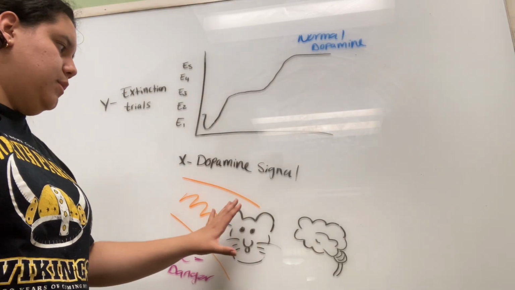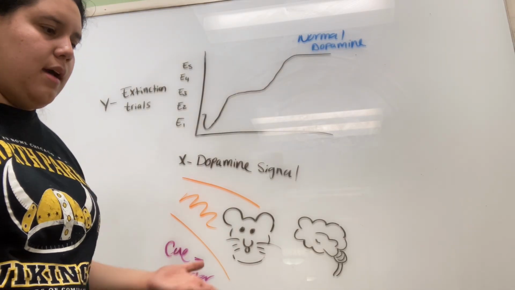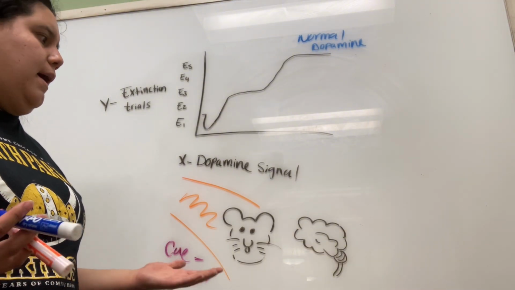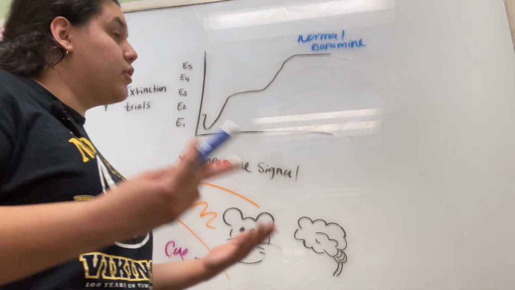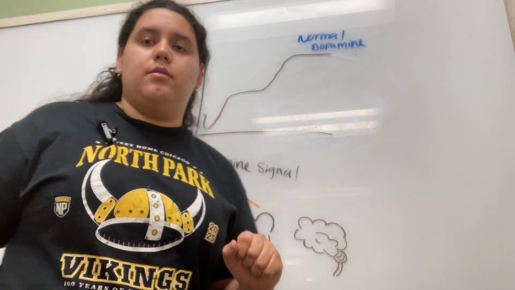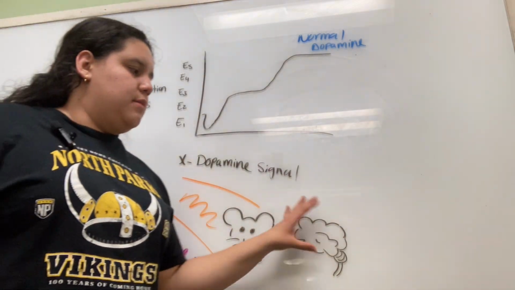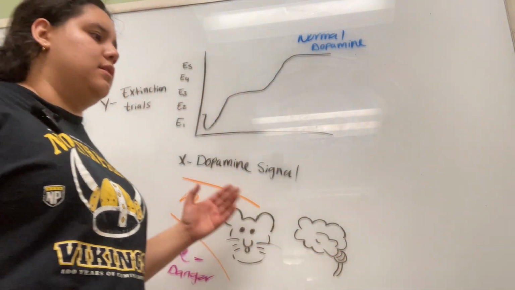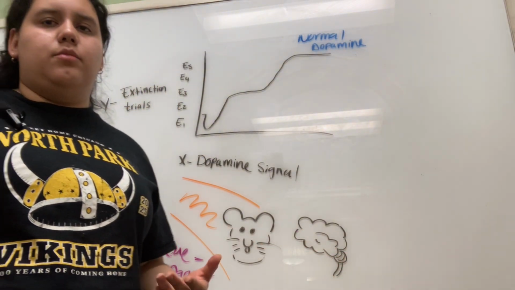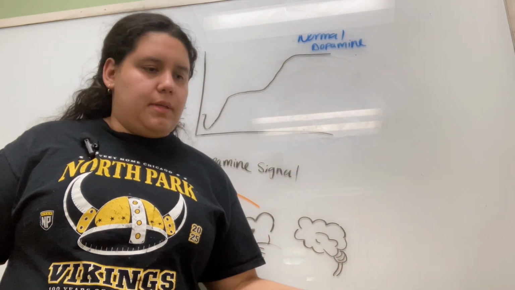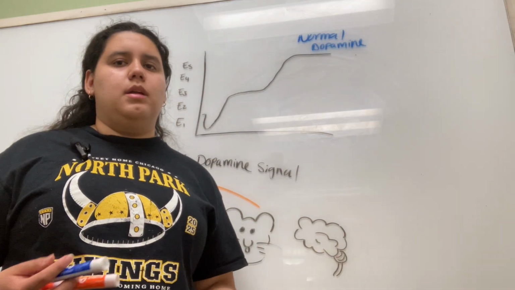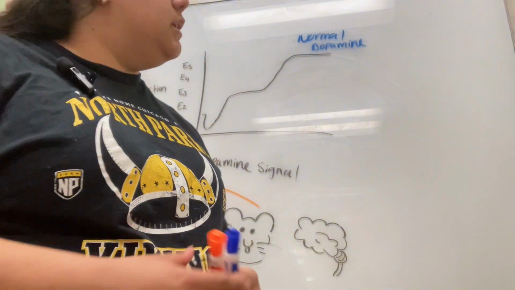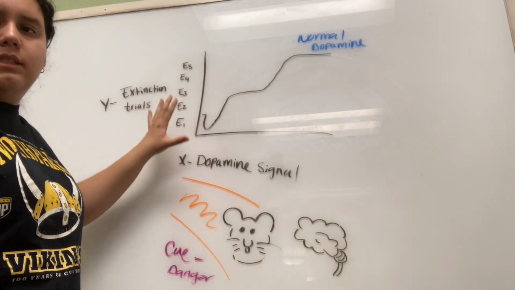So in this case, the mouse realized that the light is not a bad thing, and the more exposure it got, the more it learned. We don't want to say that the mouse forgot, but we can say that the brain rerouted itself to learn something new, which is that the light isn't bad. Same thing with the analogy. If the fire alarm kept going off, we learn that the fire alarm is not bad, and we react less, right? So this is the overall extinction process.